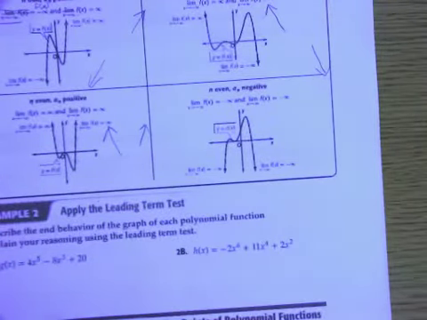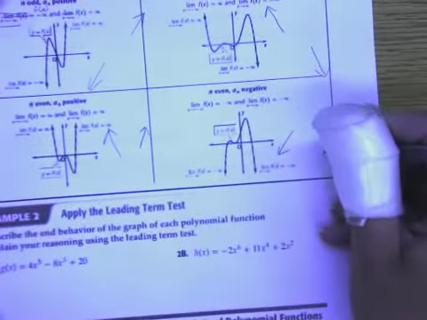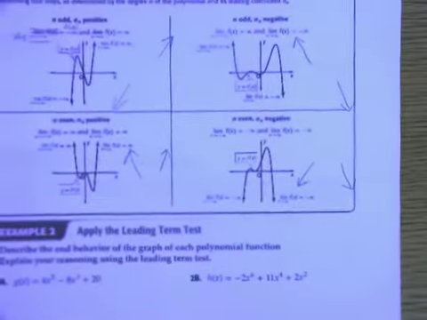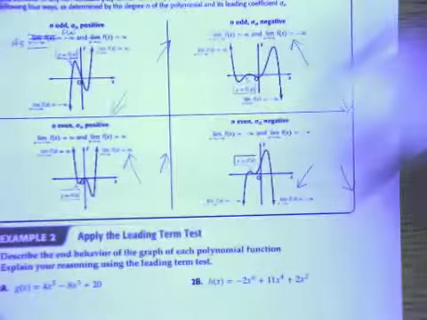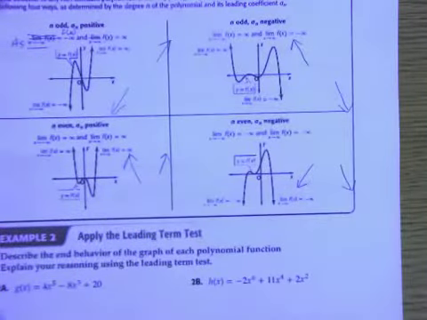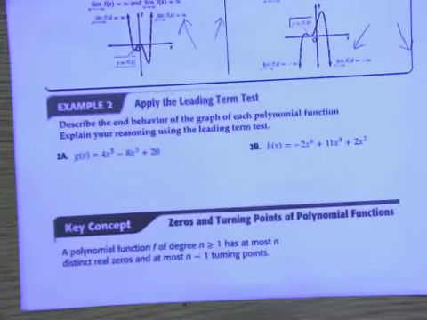And it's doing the exact opposite if the leading exponent is even, but its coefficient is negative. It's pointing down. Okay, so I didn't want to spend a whole lot of time with the notation in this key concept. I just wanted to visually talk about how the function is behaving.